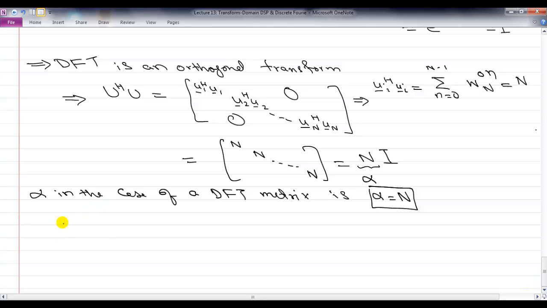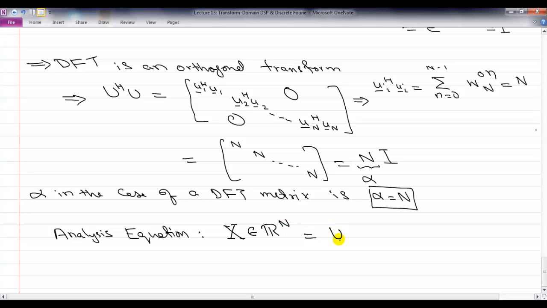Now, if I want to talk about the analysis equation in the case of DFT, that is the same. Since we are going to go to the book notation, I'm going to use capital X for the transform domain coefficients instead of calling them theta, which is also in R^N.